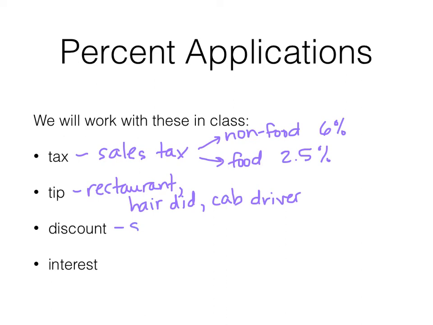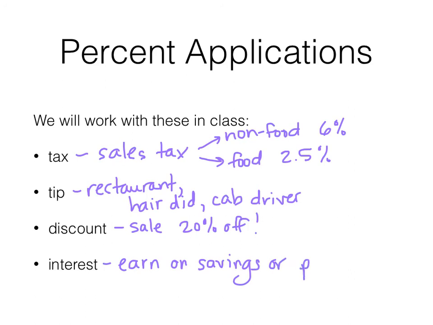Discount, that's when something is on sale. 20% off or something along those lines. Or when you get a discount, like I get a discount at the toy store of 20% off. Or interest, that's something that you earn on a savings account, or something you pay on a bill balance, like a credit card balance or something like that.